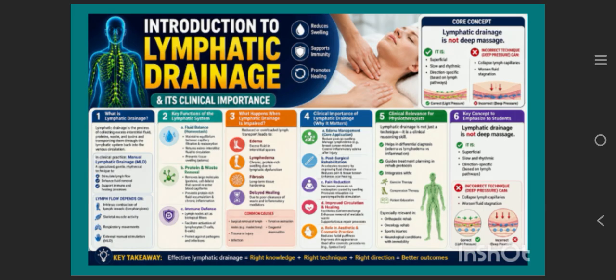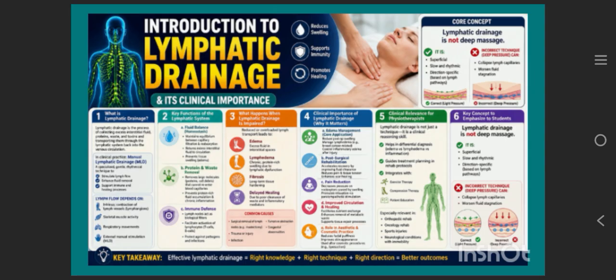It is especially relevant to orthopedic rehab, oncology rehab, sports injuries, and neurological conditions with immobility.